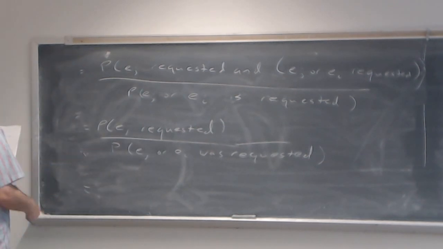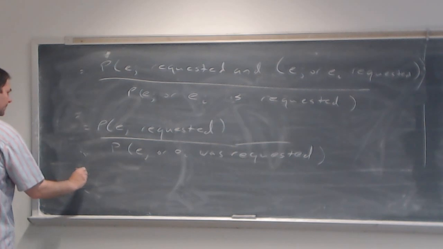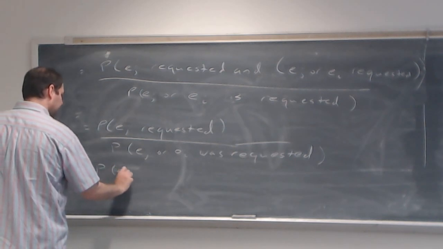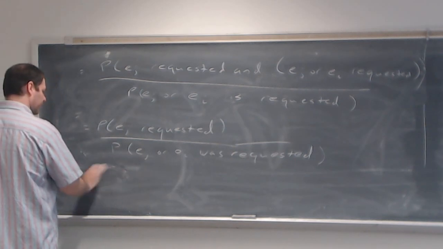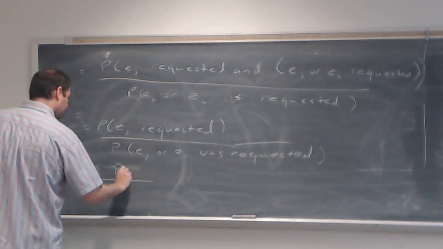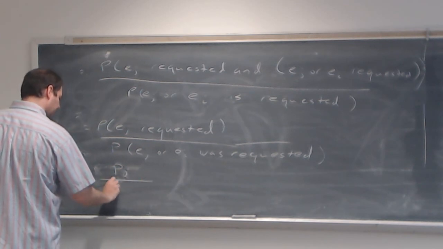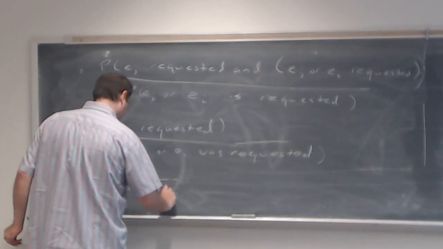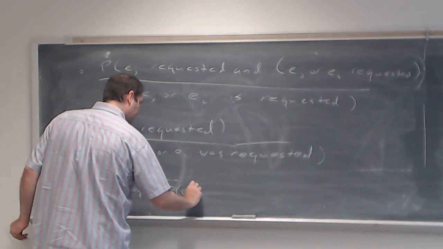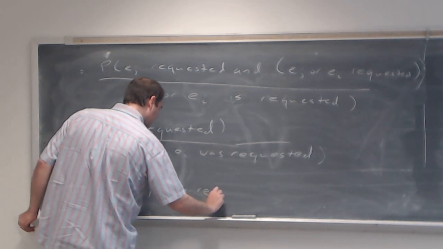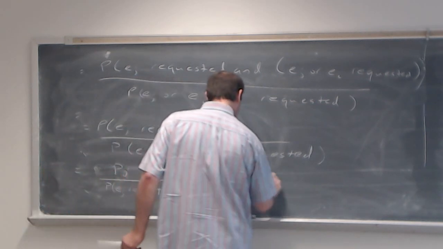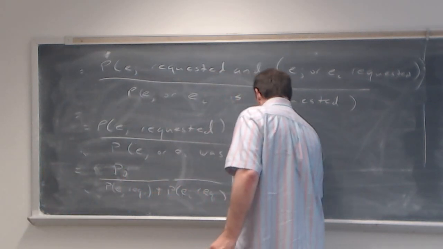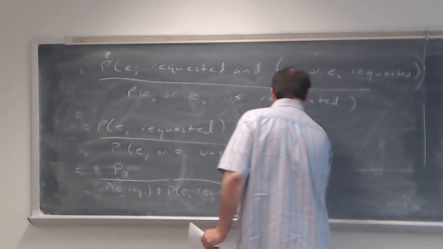Now these are mutually exclusive events. So what's the probability E sub j was requested? That's P sub j. P sub j over the probability E sub j requested plus the probability that E sub I requested. And so that's equal to P sub j over P sub j plus P sub I.